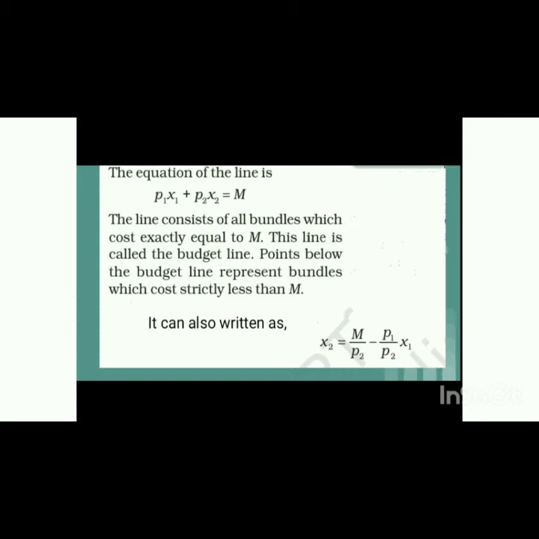This second equation is used for constructing the bundles: x2 equal to M by P2 minus P1 by P2 x1.